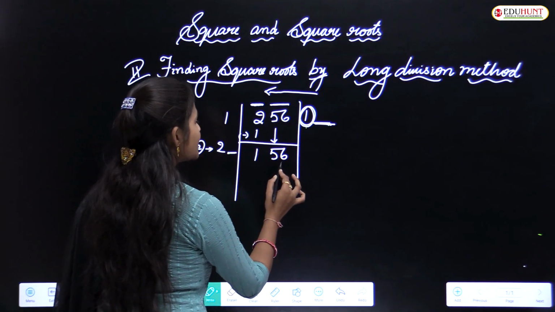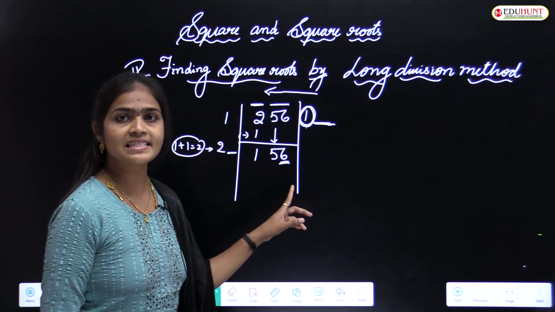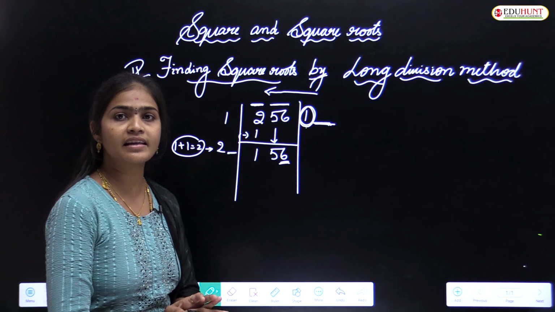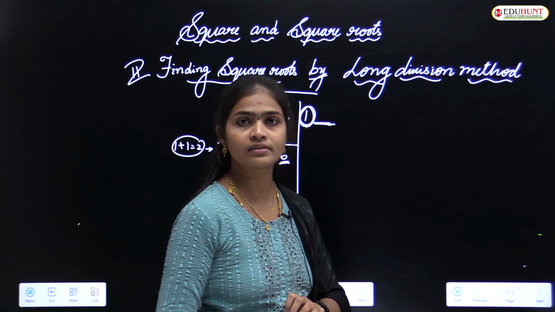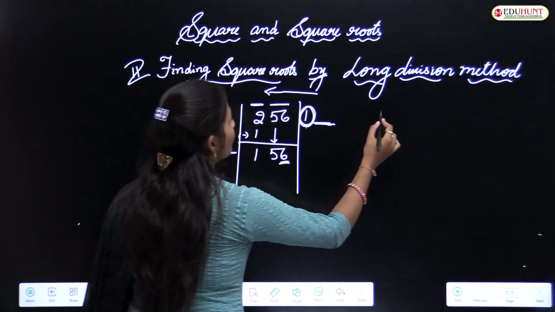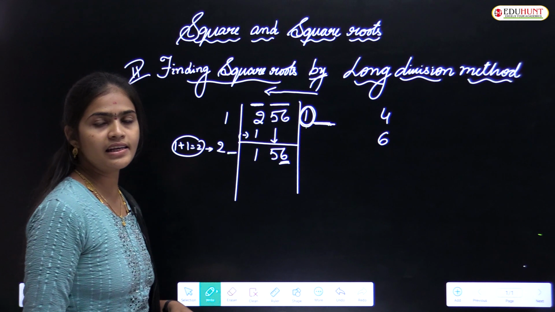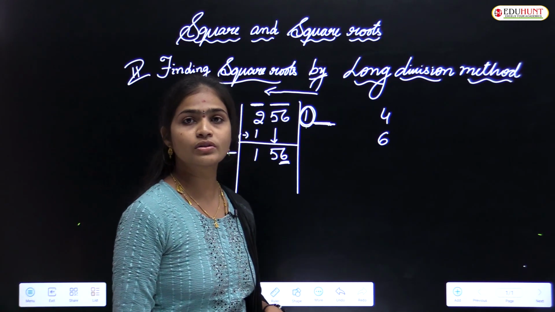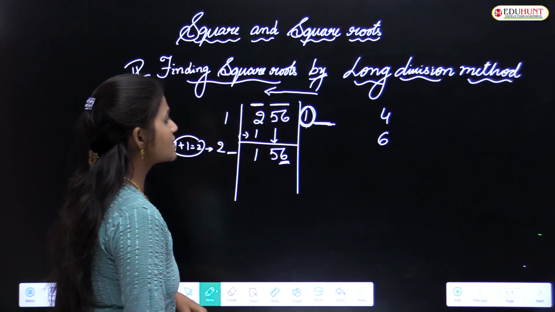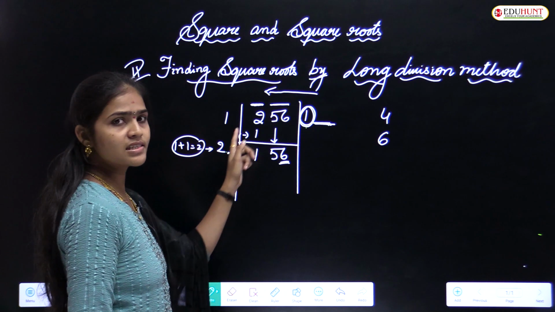This number is ending with 6, so how many possibilities are there? One is 4, another is 6. 4 4s are 16, 6 6s are 36. So here we can observe the two possibilities. So which number can exist here?